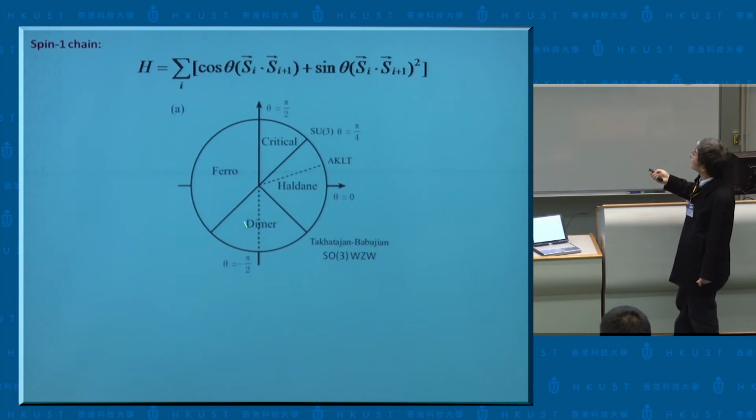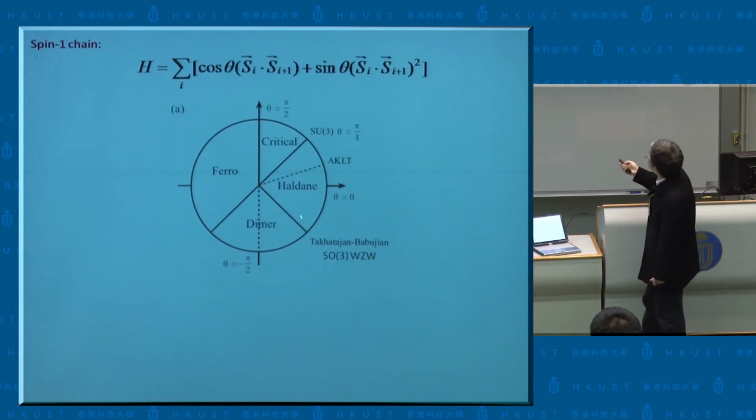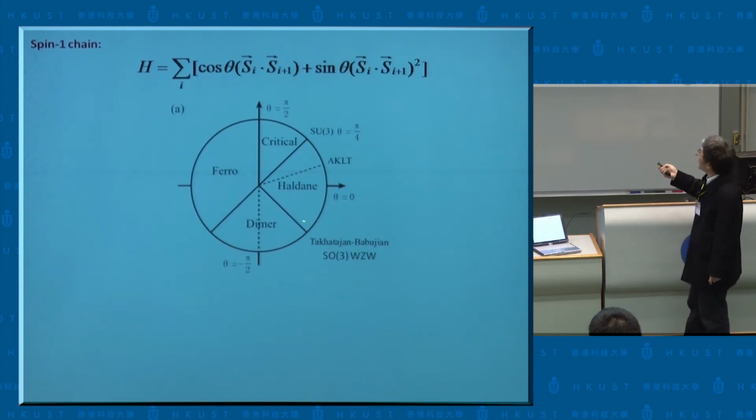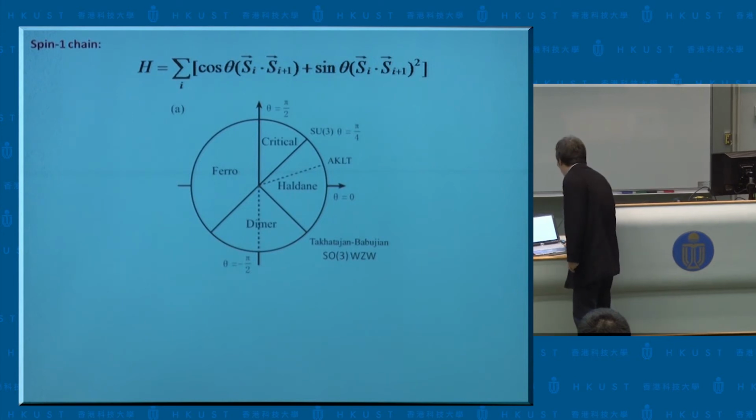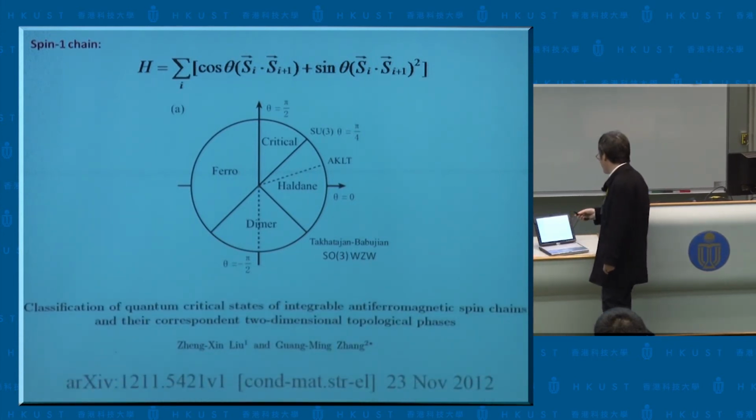If you regard the dimerized phase as a topologically trivial gap phase, then the Haldane gap phase is non-trivial. So this critical point is very important because we can develop an effective field theory around it to understand the nature of the Haldane gap phase and this trivial gap phase.